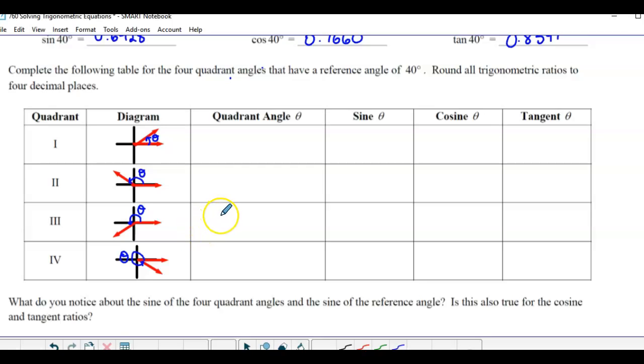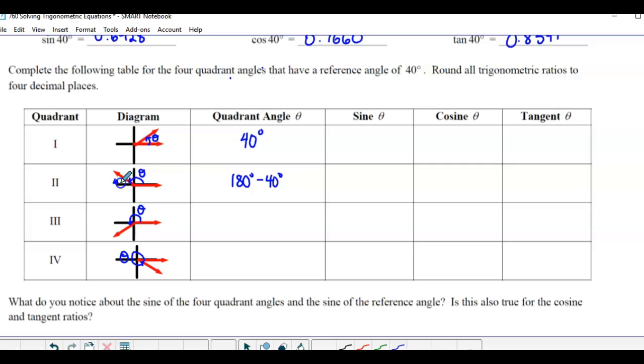So for the quadrant angle theta, if it's in quadrant 1, then it's an acute angle. It doesn't change, right? The reference angle is the quadrant angle theta. The next one would be 180 minus that reference angle, right?